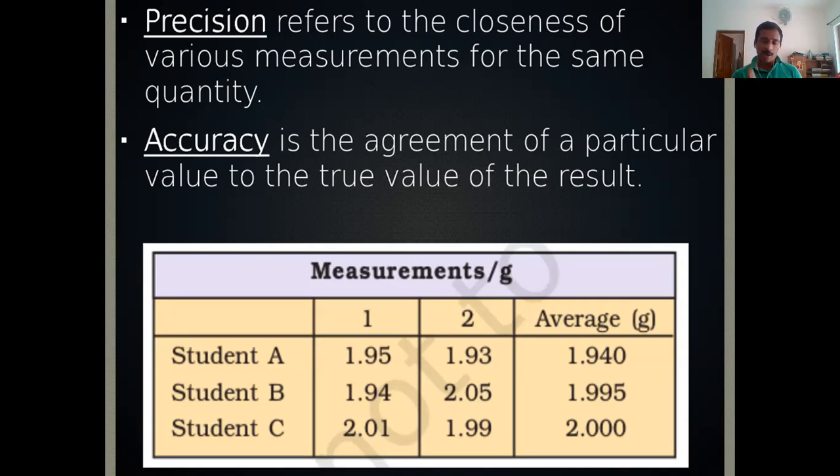So among these three students, A, B, and C, whose measurement is accurate? Student A, the value is very close to the accurate value 1.94. So his measurement is accurate. Or we can say there is accuracy in his measurement. It is accuracy and precision. I think it is clear to you.